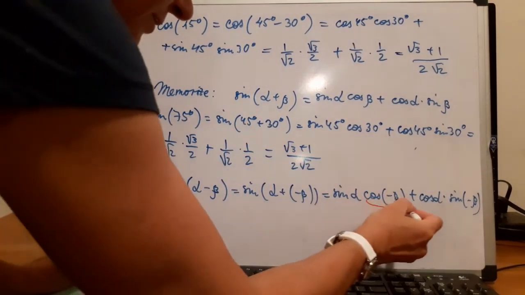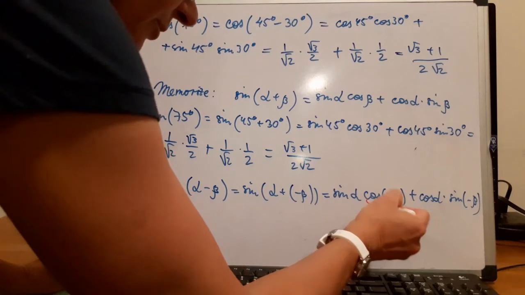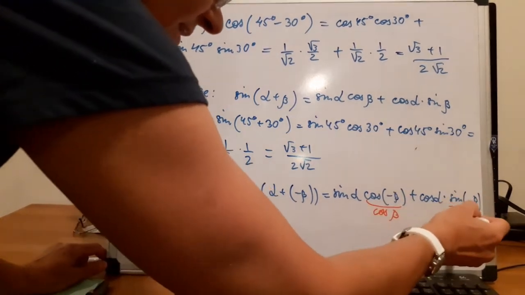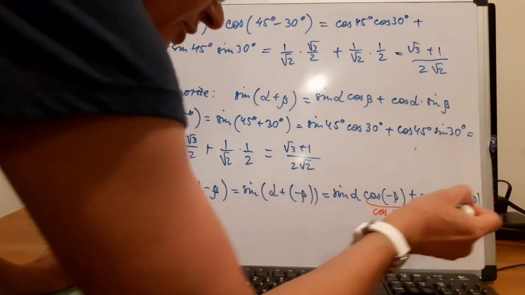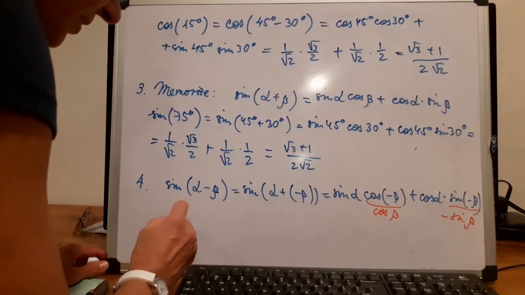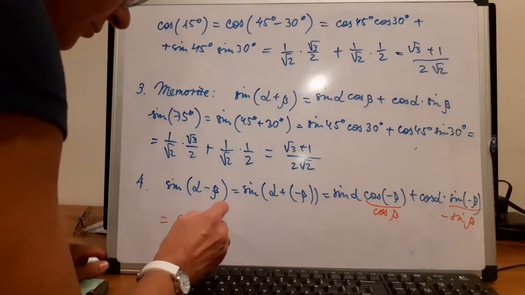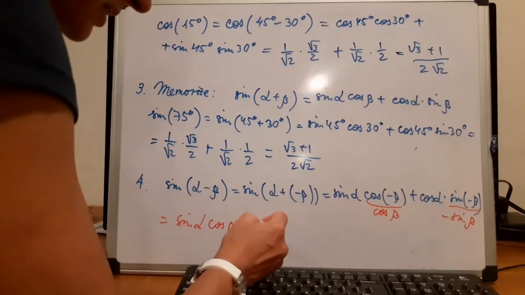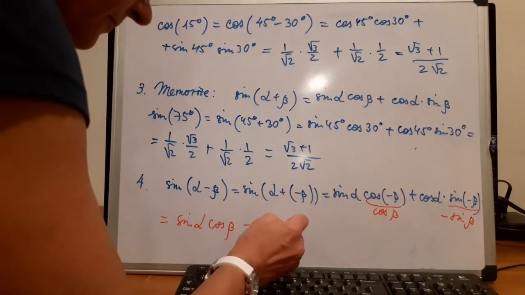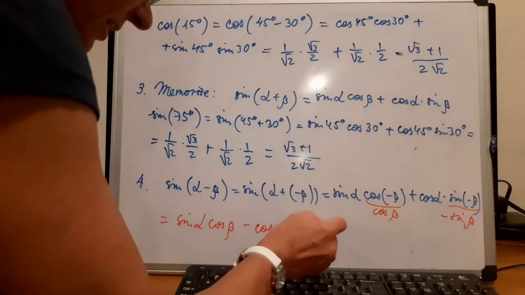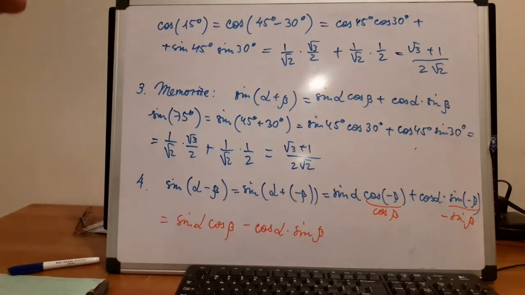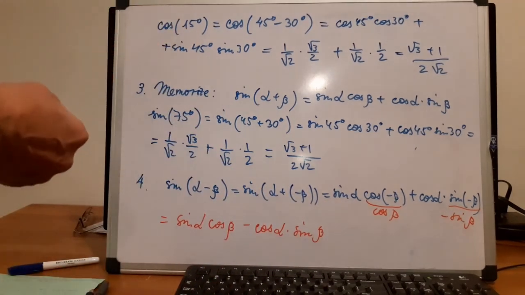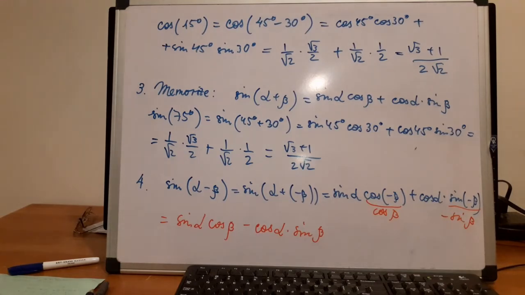So I know that this one is just cosine of beta because the function is even, and this one is negative sine of beta because the function is odd. So my result here is sine of alpha cosine of beta minus cosine of alpha sine of beta. And that's formula number 4. You don't need to memorize it. It's very easy to obtain from formula number 3. So actually just 2 formulas to memorize.